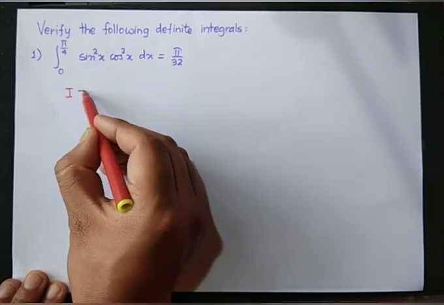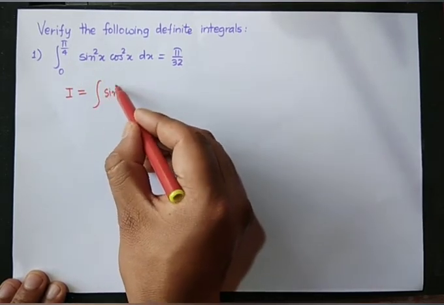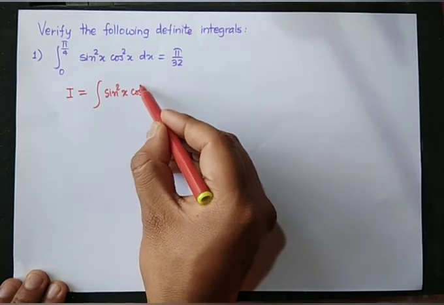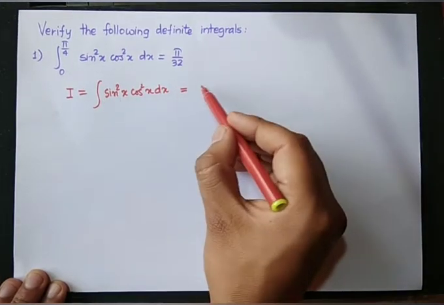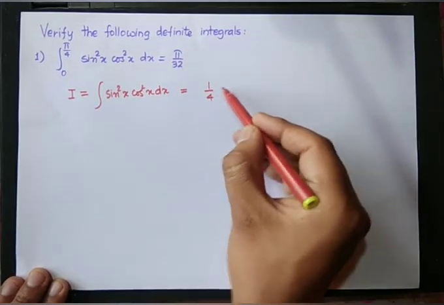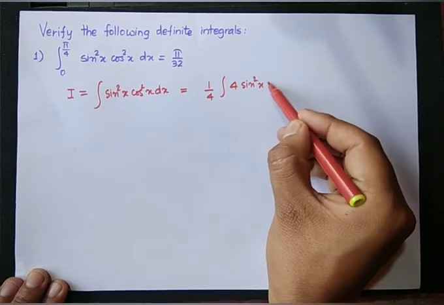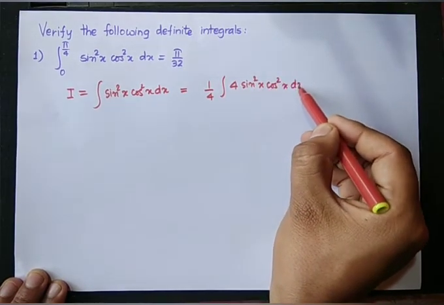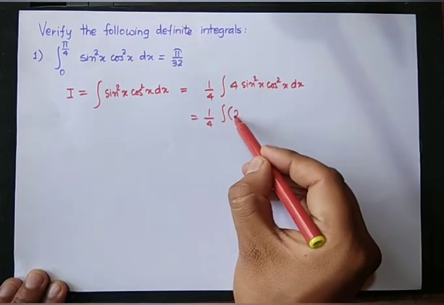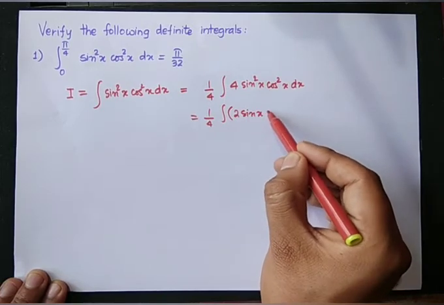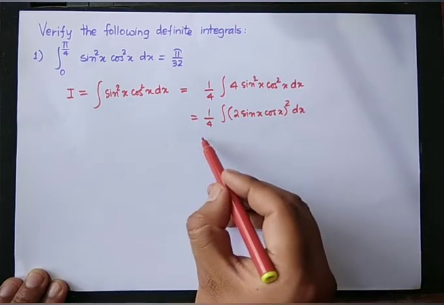So let me call I the integral, without any limits, of sine squared x cos squared x dx. Now I am going to do some manipulation here. I am going to put 1 by 4, and here I am going to write 4 sine squared x cos squared x dx. This can be written as 1 by 4 times the integral of 2 sine x cos x whole square dx.